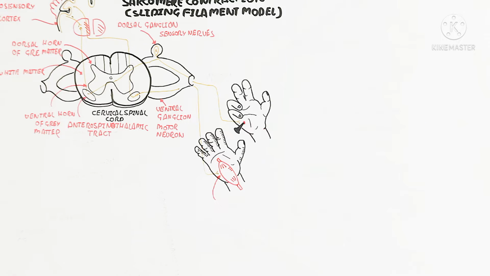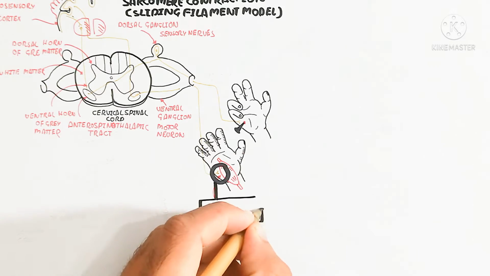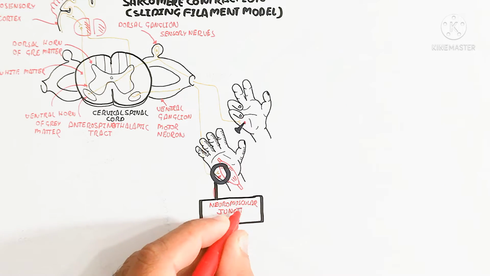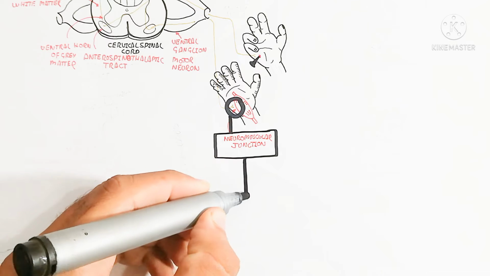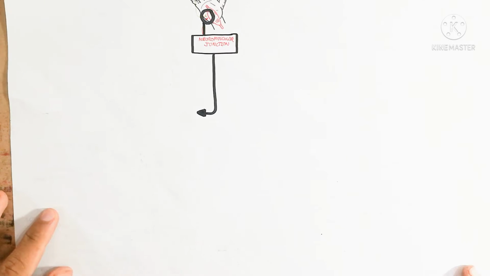The ventral ganglion's motor neuron gives the response by the neuromuscular junction here. The thalamic nuclei are interconnected and act as a central relay. So now we will understand the neuromuscular junction.